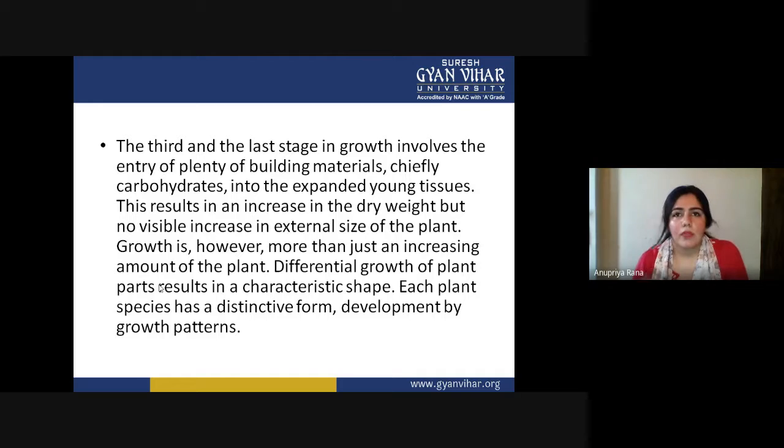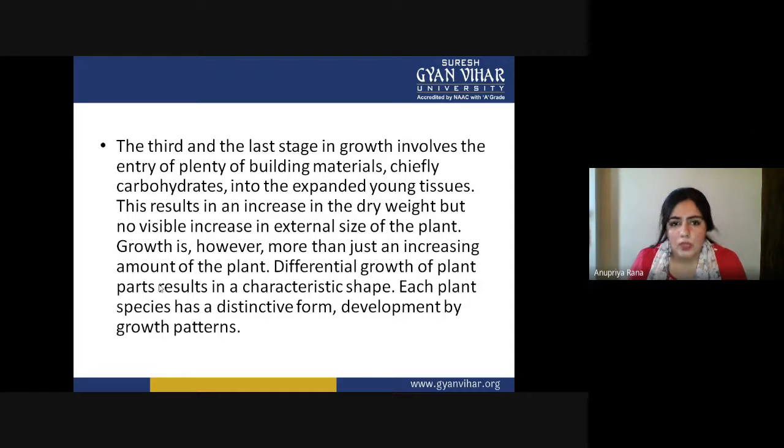So when they take in a lot of carbohydrate or nutrient material from the soil, it may not be seen in external size growth, but at that time the particular function of the plant is to increase the dry weight.